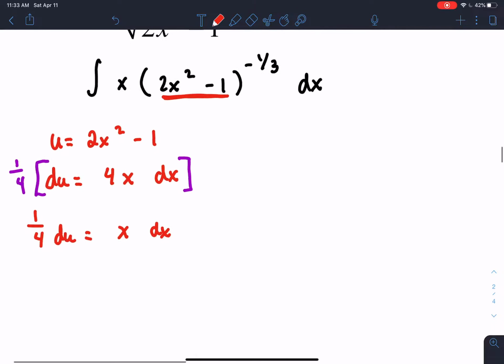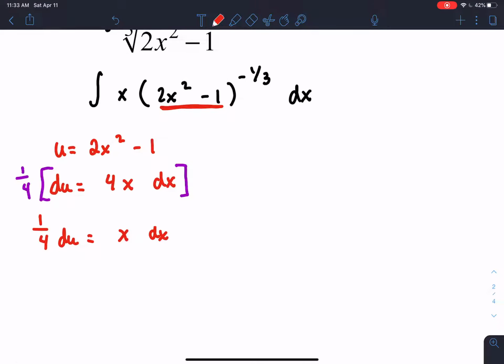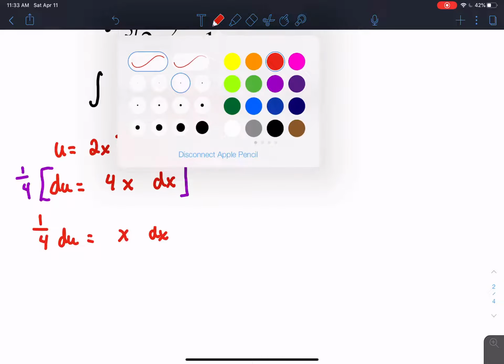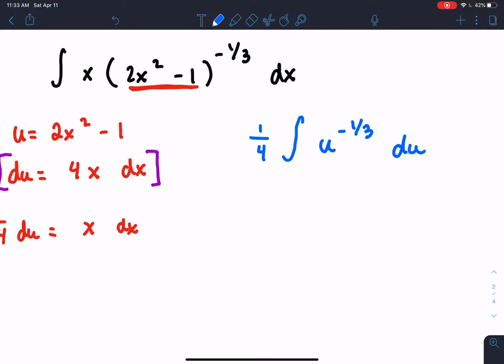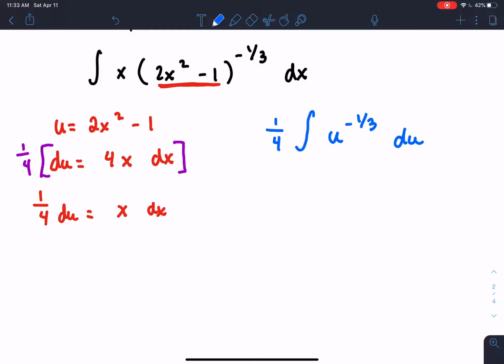Okay, so now I can rewrite my problem. I'm going to put the 1/4 out front, and then I have my integral, and then u to the negative 1/3 du. So now we just need to find our antiderivative.